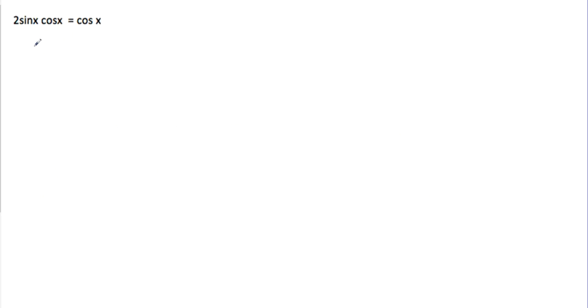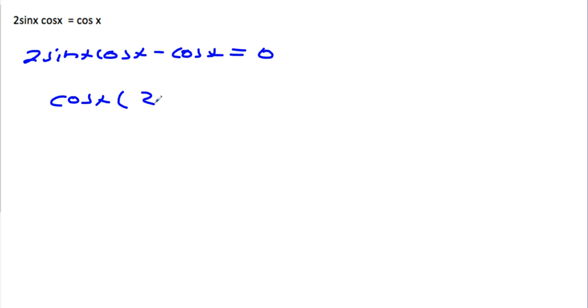Yes, I do. And so I'm going to subtract cosine on both sides. I'm going to factor out a cosine because these are common terms. All right, so now I set each one equal to 0.